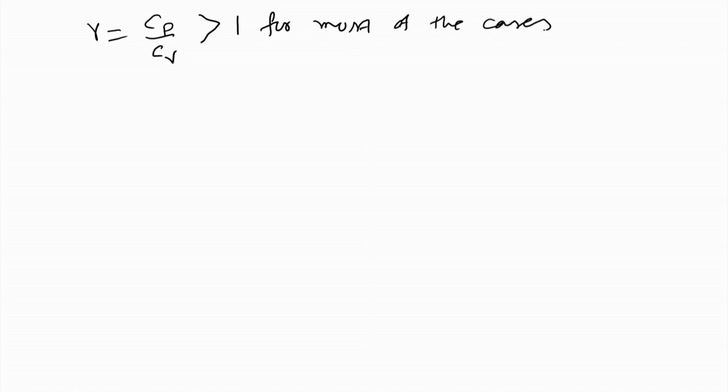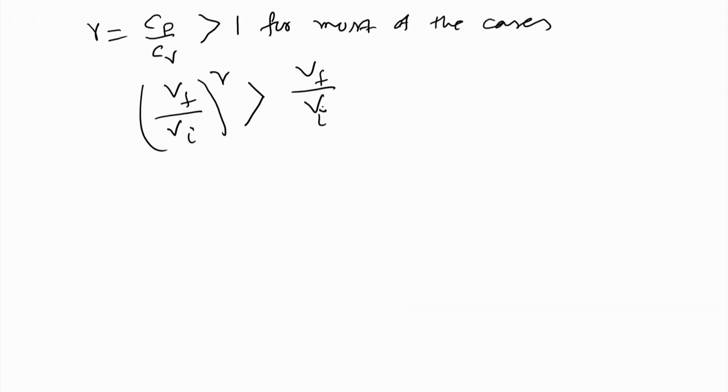Now, we know that gamma is nothing but Cp by Cv, and it is greater than 1 for most of the cases, because Cp is greater than Cv for most of the cases. In that case, we can write that Vf by Vi to the gamma is greater than Vf by Vi, like this.